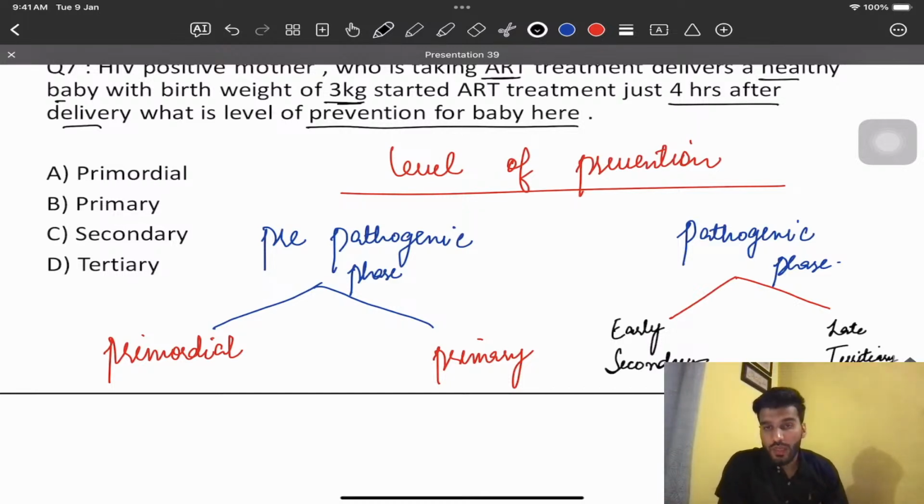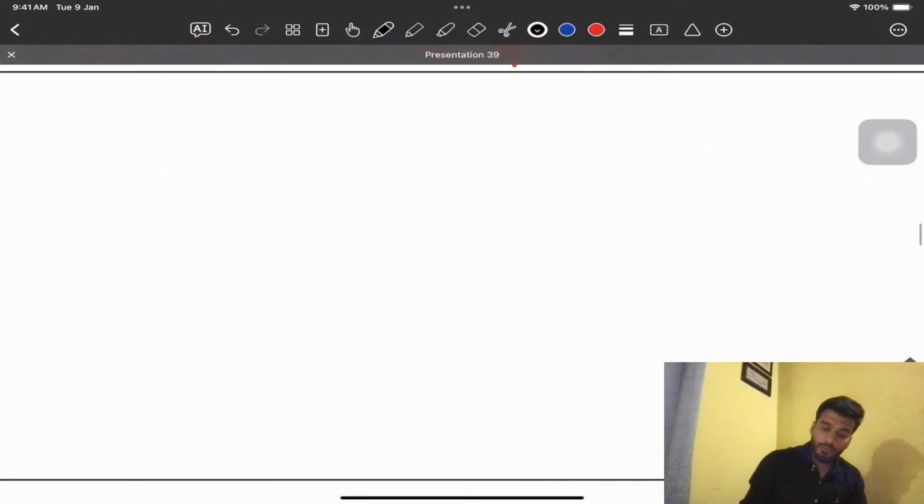What do I mean by pre-pathogenic? It is before the disease. And what is pathogenic? The disease has occurred. So before the disease, either we can go for primordial or primary. Once the disease has occurred, either we can go for secondary or tertiary. So let's discuss them one by one, what exactly we mean by primordial, primary, secondary and tertiary.